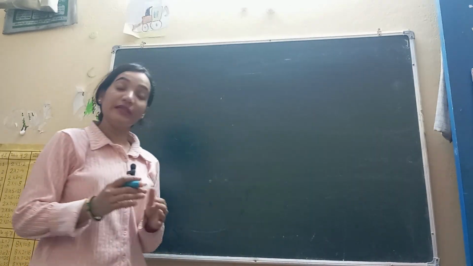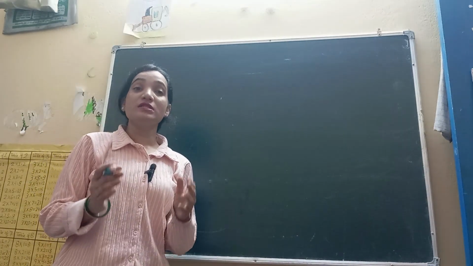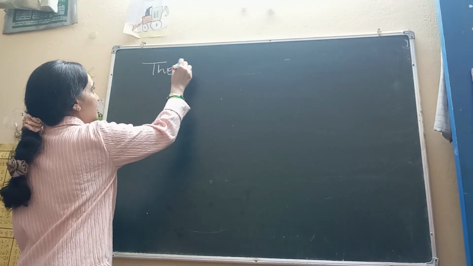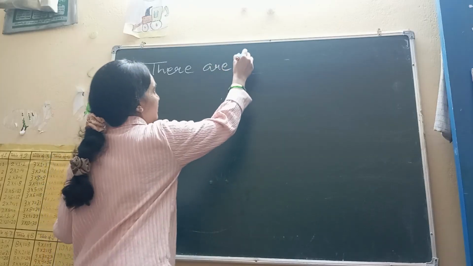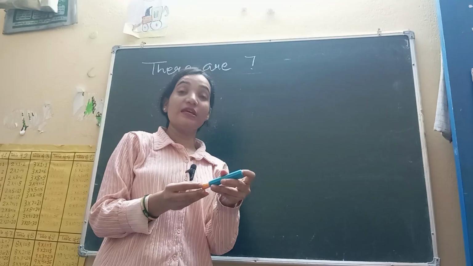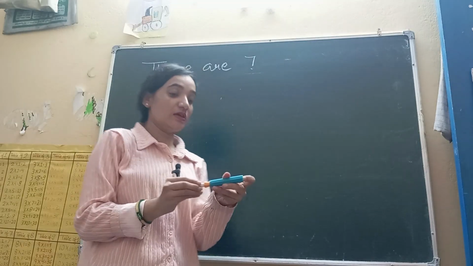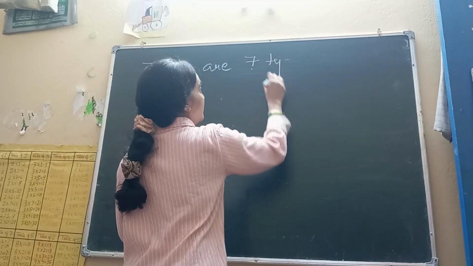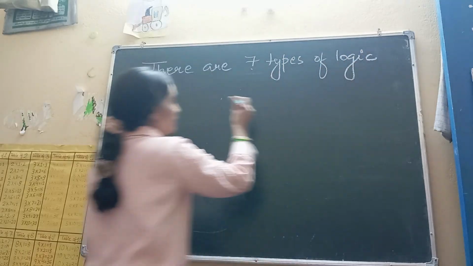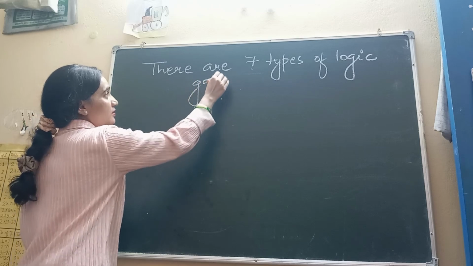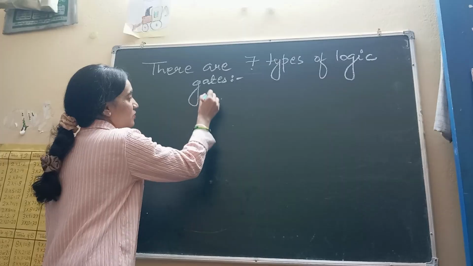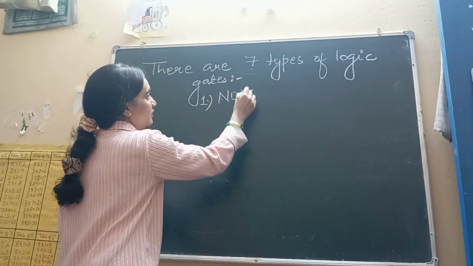There are seven types of logic gates that we need to know in digital electronics. The first one, the most basic one, is called the NOT gate.